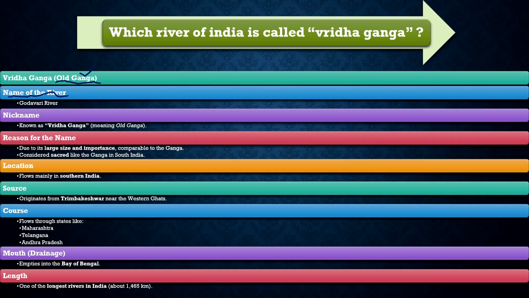Its nickname is Vriddha Ganga, meaning Old Ganga. It flows mainly in southern India, originating from Trimbakeshwar near the Western Ghats, and is one of the longest rivers in India, about 1465 kilometers.